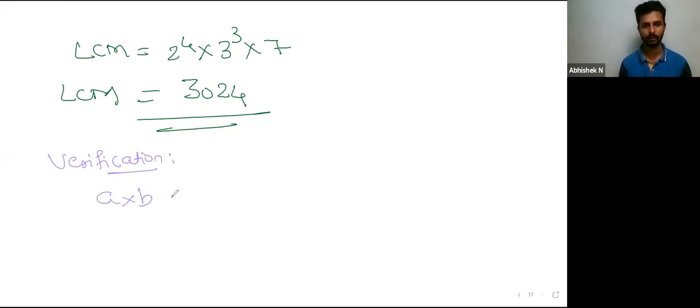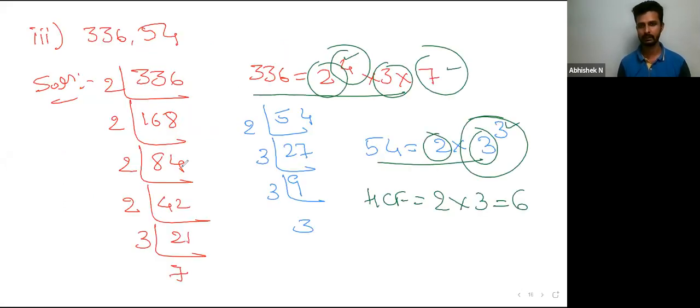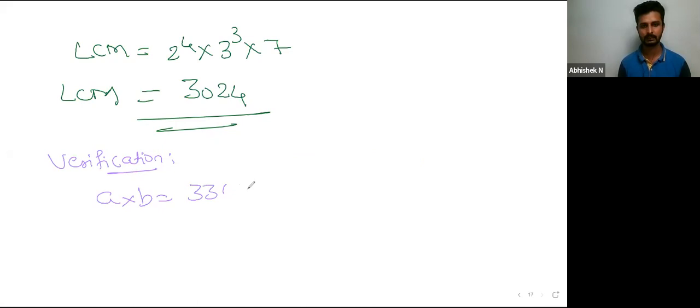So A into B. What is 336 into 54? This you get as 18,144.